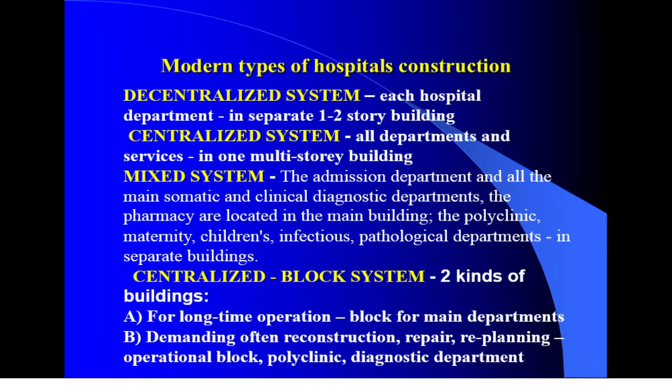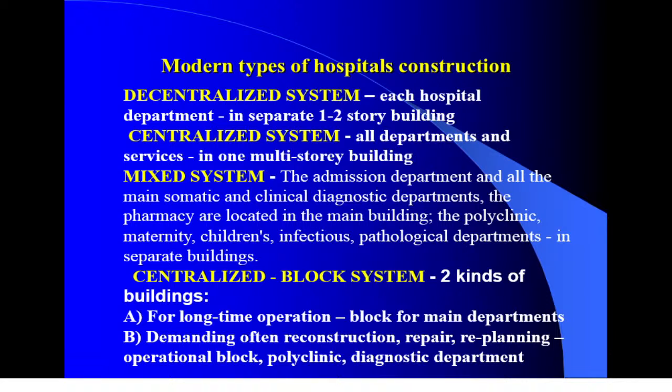In modern hospitals, the greatest changes are in treatment and diagnostic departments in connection with the development of new methods of treatment and diagnostics. The working areas of these departments are increasing. Examples of such new modern departments are the Department of Hemodialysis or departments for transplantation of organs.